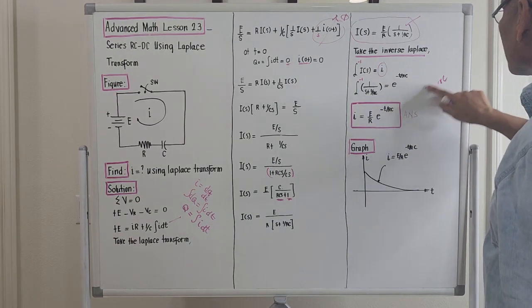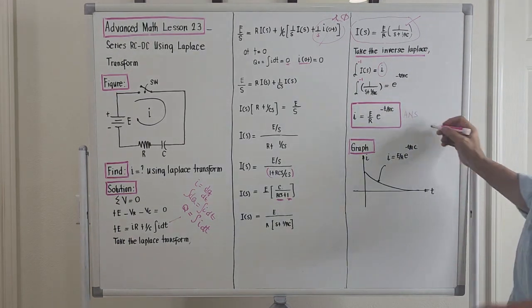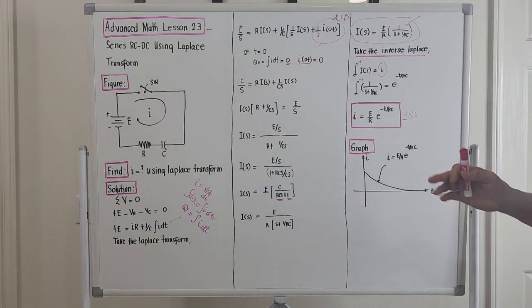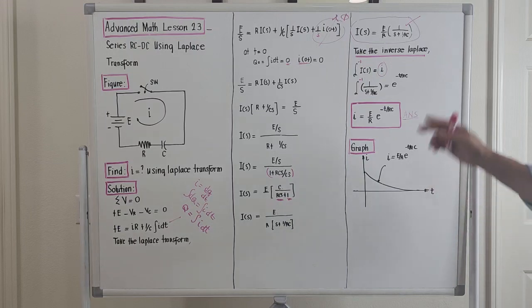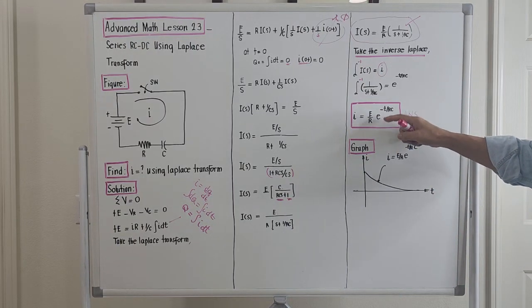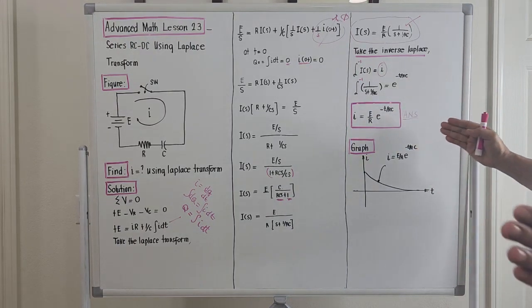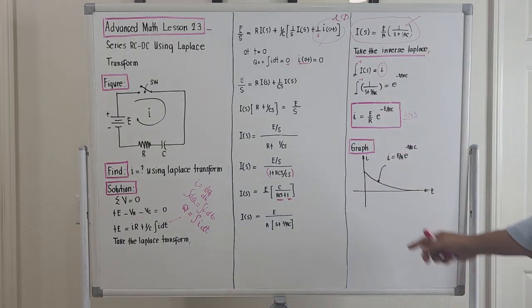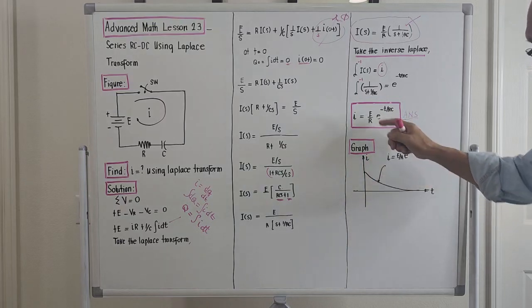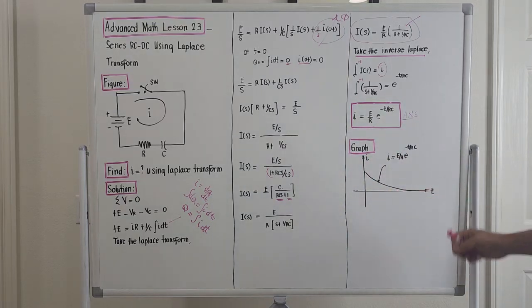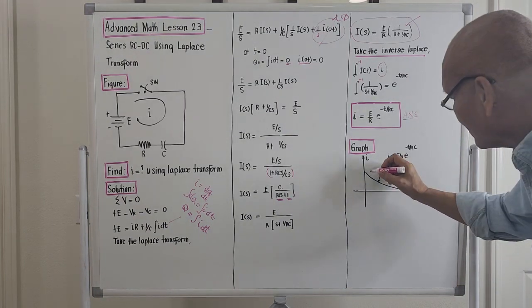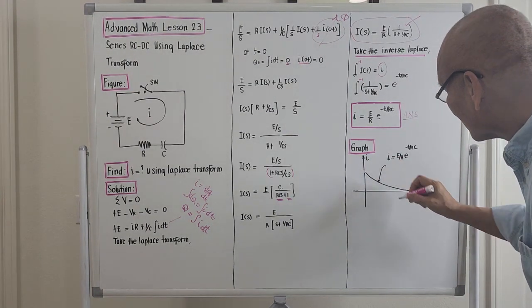Okay, I will erase this one so it looks good. This will be our final answer. As from the so-called classical solution, the current is actually E over R, E raised to minus T over RC. And the graph of this equation here will still be the same as from the classical solution. The ordinate is actually the current, the abscissa is time. At time t equal to 0, the current is E over R. Okay?